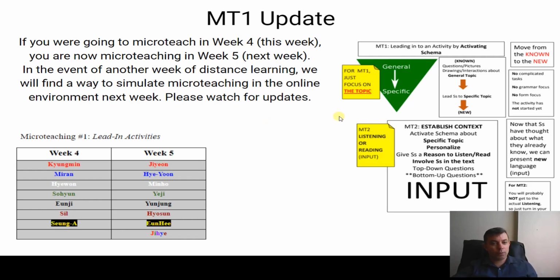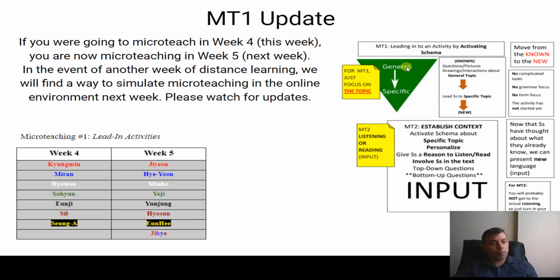And an additional reminder, when we're in microteaching 1, keep in mind that this is mostly content schema, because we're talking about, they're talking about what they already know about that idea or that topic. And also please remember to move generally from the known to the new. That's the idea.